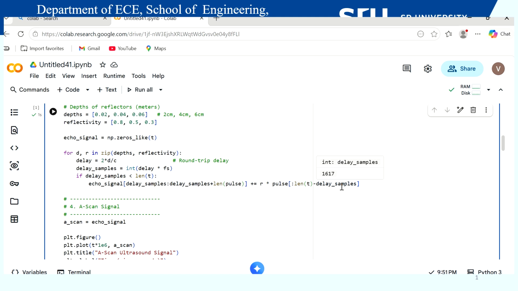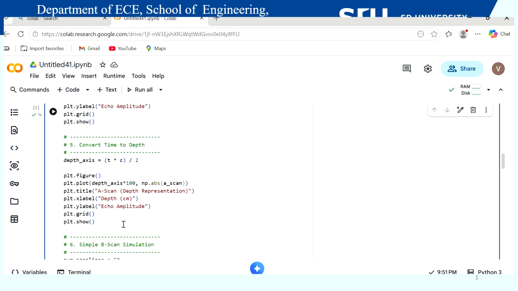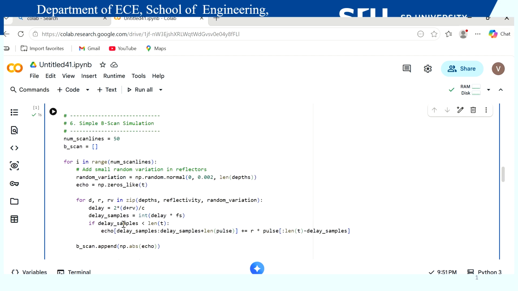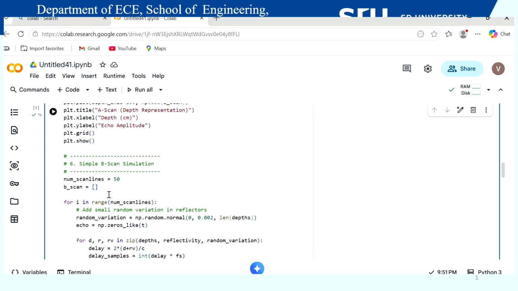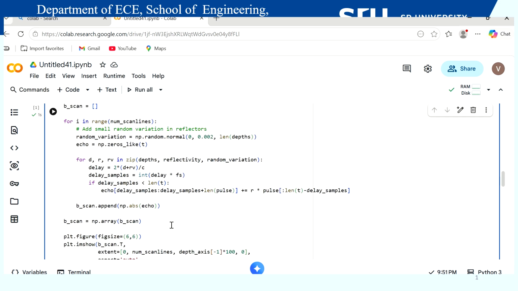Then the A scan is represented by A_scan is equal to echo_signal. The A scan shows amplitude versus time. Each spike corresponds to a tissue boundary. Then convert time to depth: depth_axis is equal to t times c by 2.